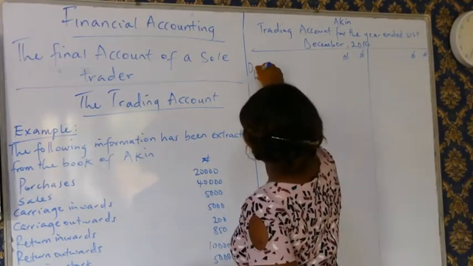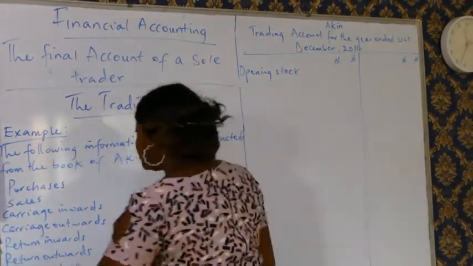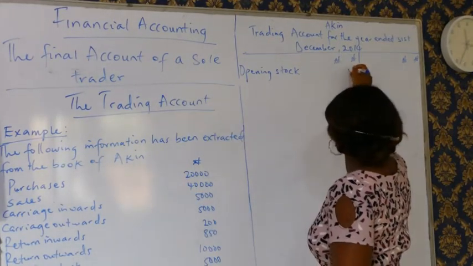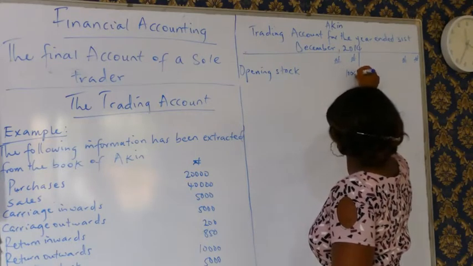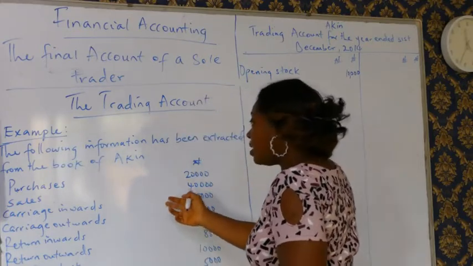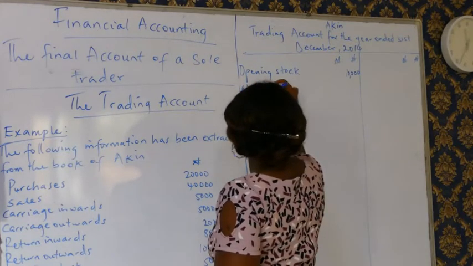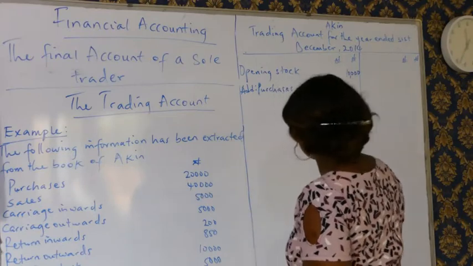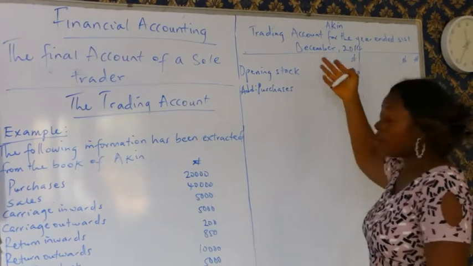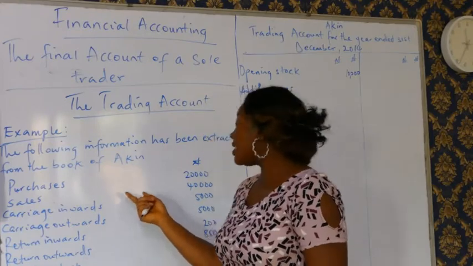We start with our opening stock. The figure for the opening stock is 10,000 naira. Put it on the second naira. In the question, we have our purchases figure as 20,000 naira. Like I said earlier, we would have taken the purchases figure straight to add to the opening stock, but because we have the return outwards and carriage inwards, we cannot just add it directly.